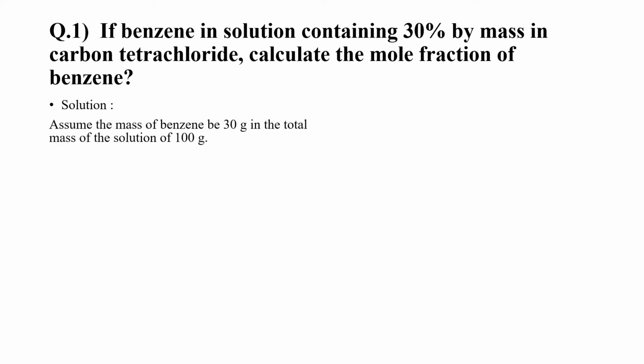According to the question, 30% by mass means mass of benzene to be 30 gram. 30% by mass means mass of benzene should be 30% in total mass of the solution of 100 gram. When total mass of the solution is 100 gram, and in that 100 gram 30 gram is benzene.